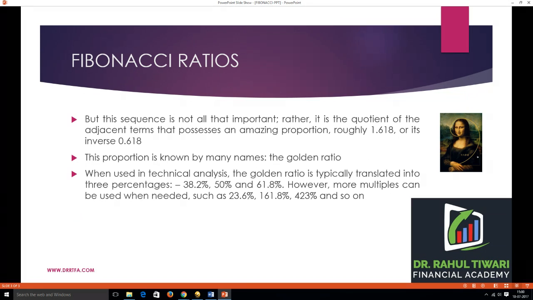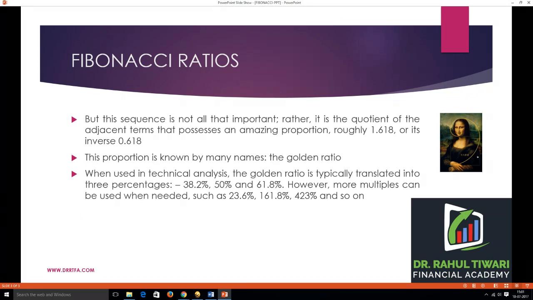Basically, these Fibonacci ratios are mainly used to determine the support and the resistance levels. You can plan your entry, your exit, and stops on the basis of these ratios. You can determine your objectives to plan a trade, whether in a long or a short direction.